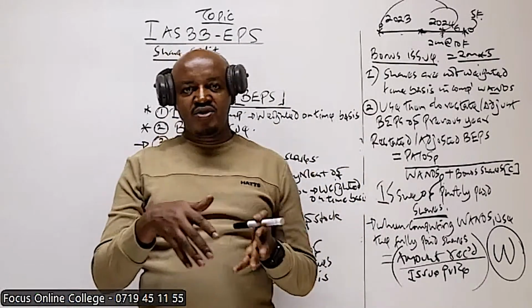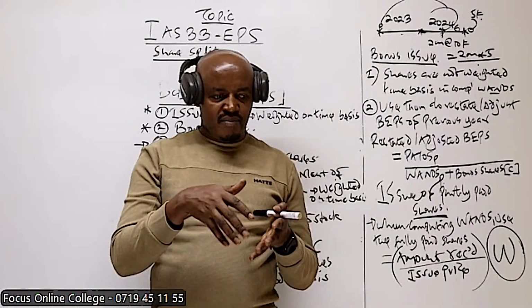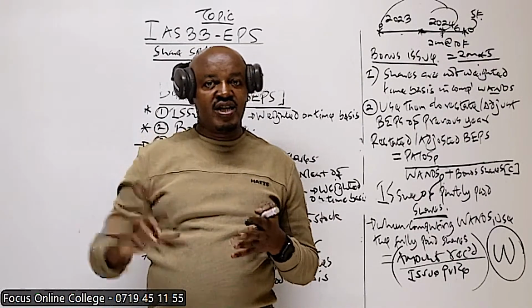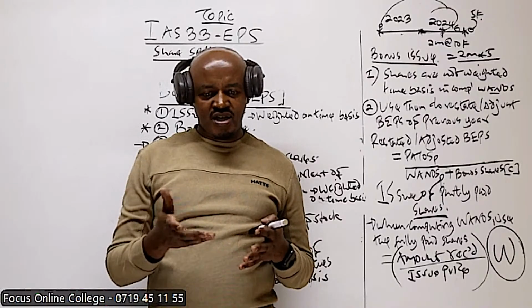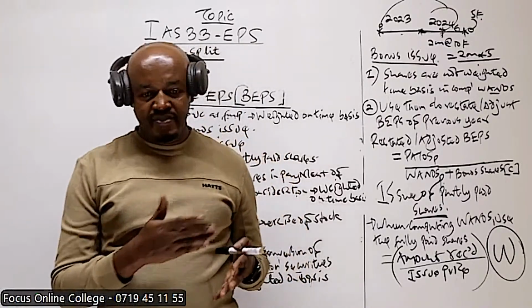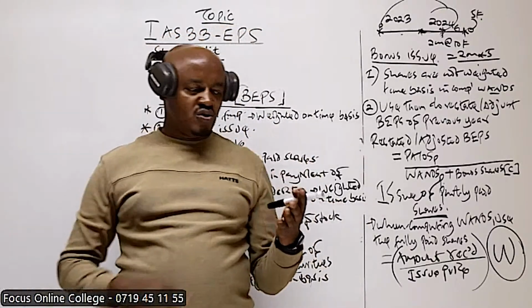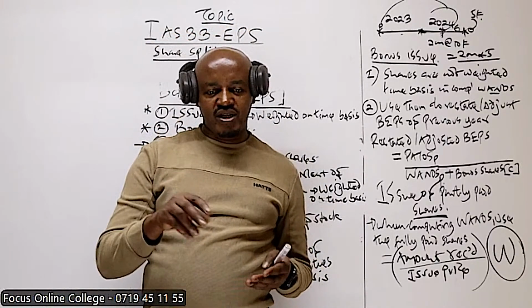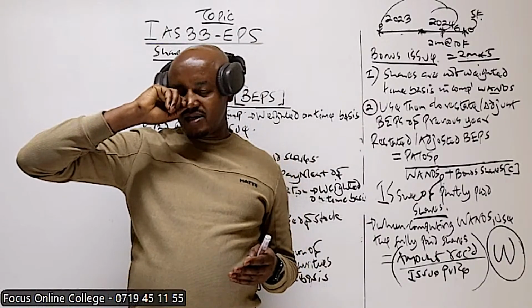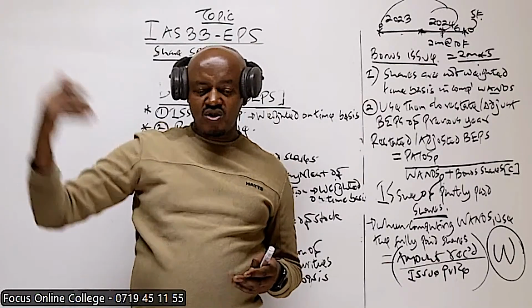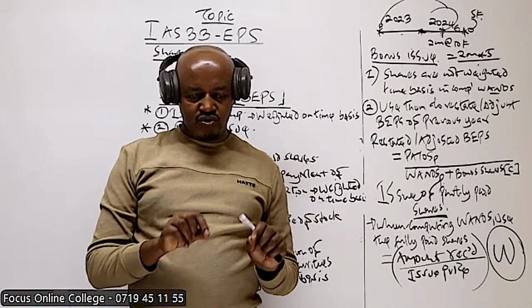You may see a scenario whereby the company issued shares at a price of 20 shillings, but after 1 year, the shares are trading at 200. I think that happened with Equity Bank some time back. They had to do a share split. So if you issued shares at a price of 20 and the market price significantly increases to something like 200, it is always advisable you do a share split.